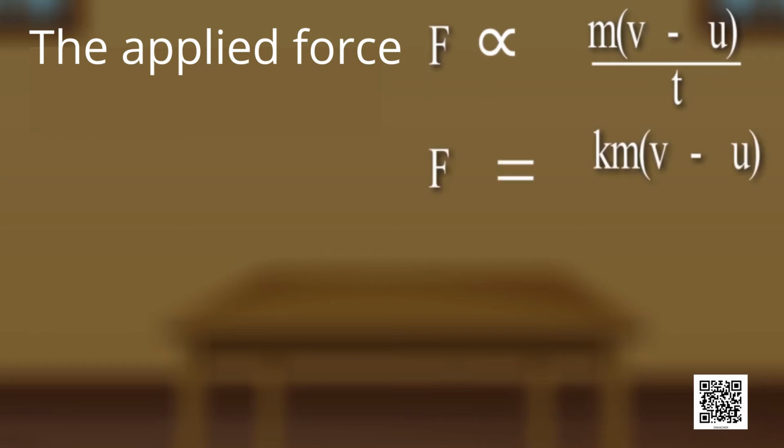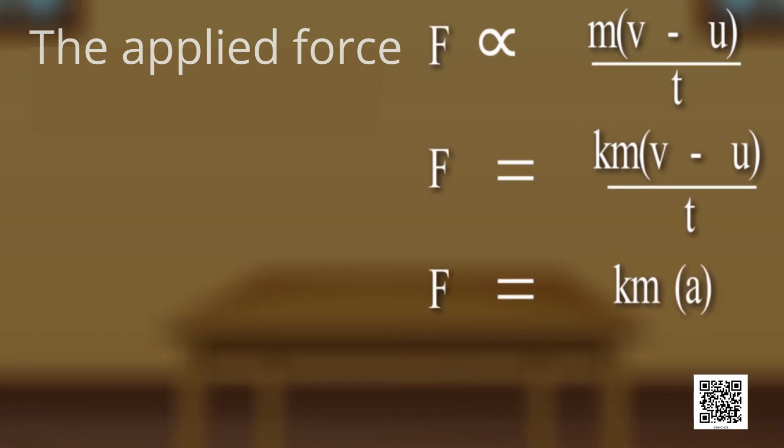Now, taking away the proportionality sign, F is equal to k m into (v minus u) upon t. And we know acceleration is equal to (v minus u) upon t. So, the expression is F equals k m a.